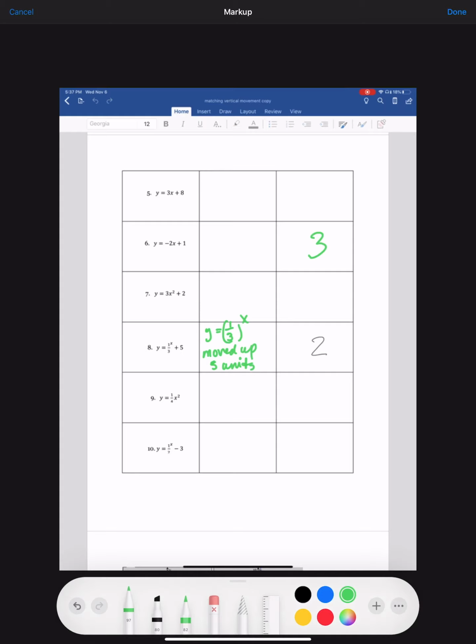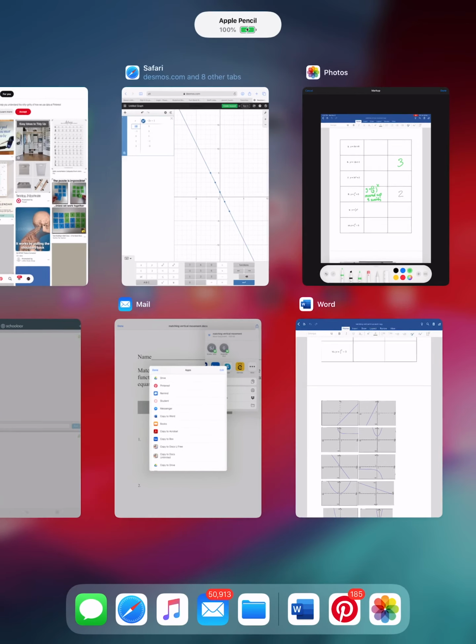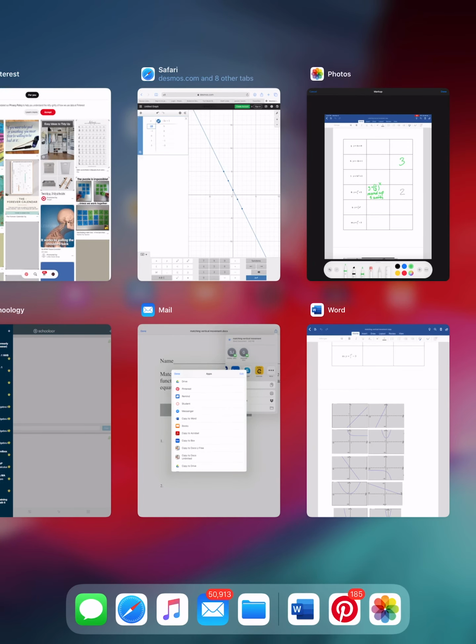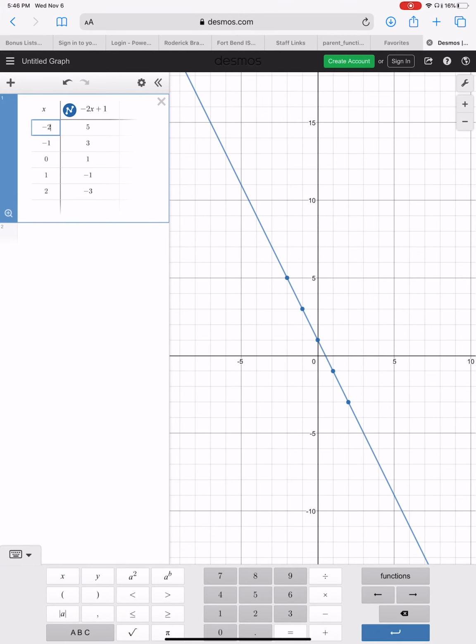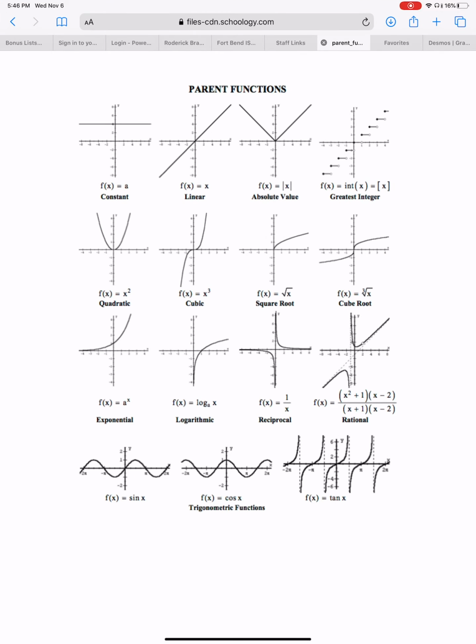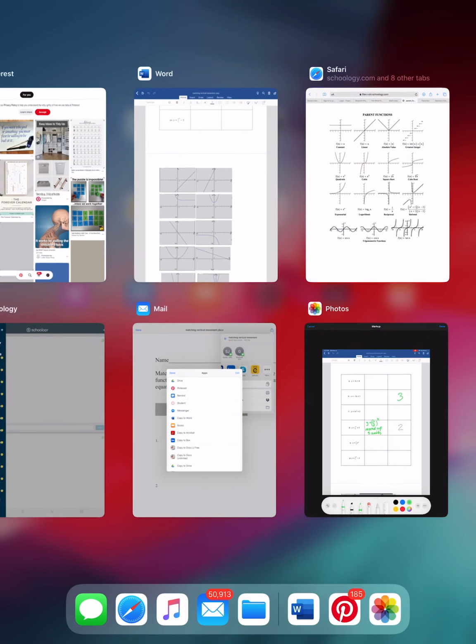All right. So now what is the parent function? Of course, we know this is linear. This is really easy. We know about linear functions. The parent function is f of x equal x, or just y equal x.